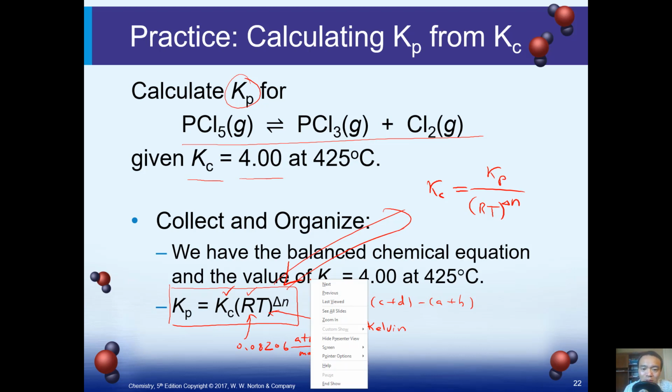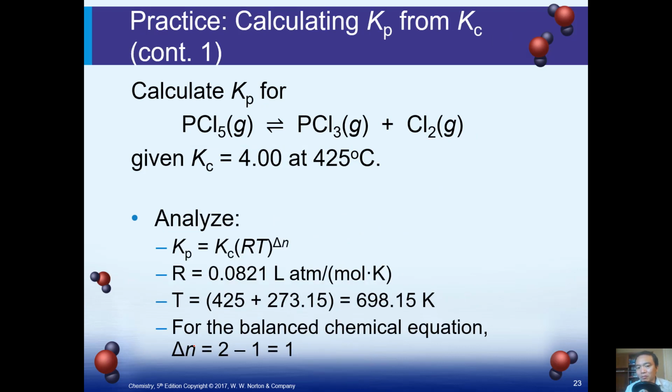For this specific case, let's look at it. You put down the numbers. Temperature is converted to Kelvin. Delta n is 1 plus 1 minus the other one, that's why it's 2 minus 1 equals 1.